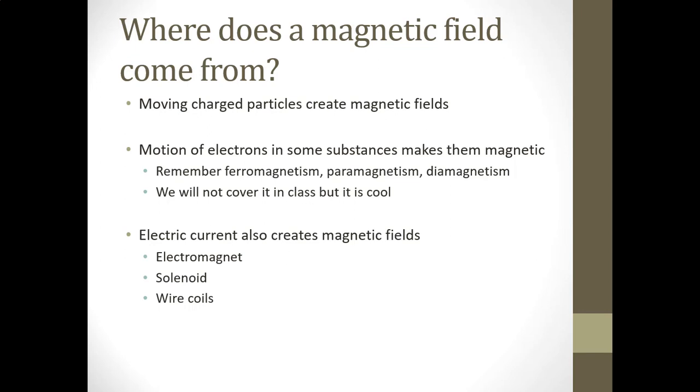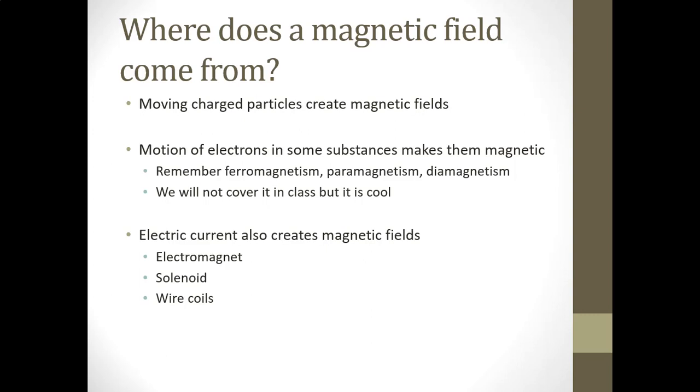So in some substances, the motion of electrons within them gives them magnetic properties. In fact, if you look at ferromagnetic substances, paramagnetic substances, and diamagnetic substances, what you see is that the way the electrons are moving, or the arrangement of electrons in the substance itself, gives it the properties that it has magnetically.